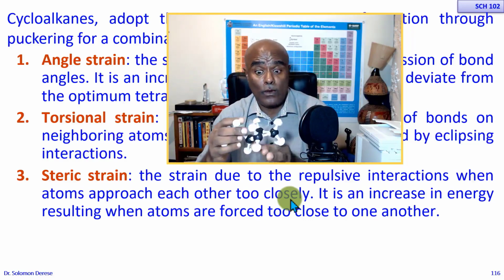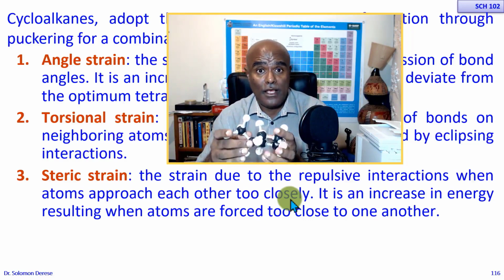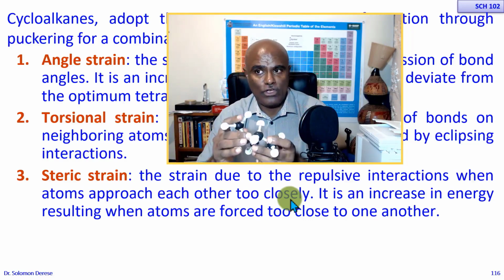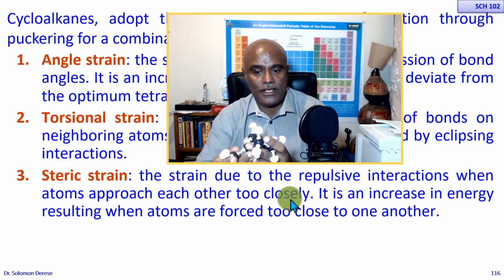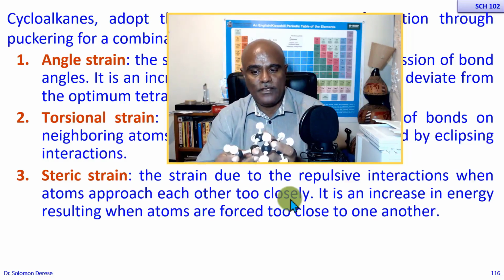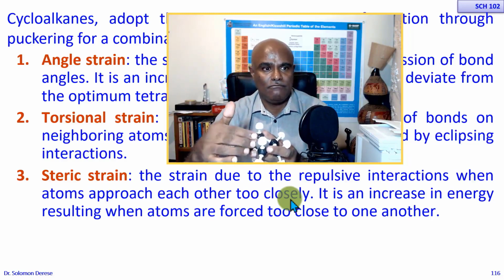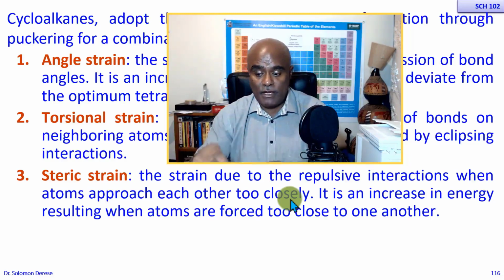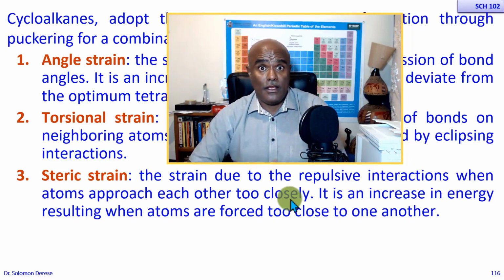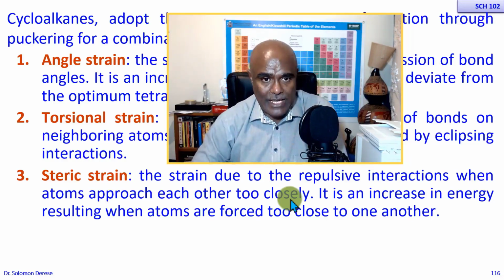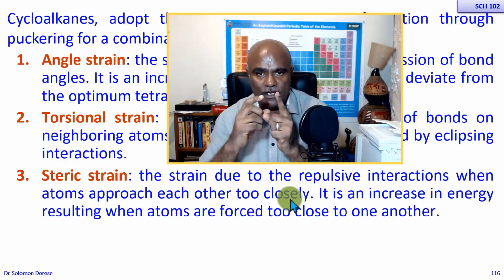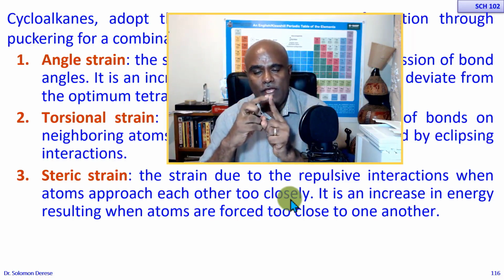So cycloalkanes will adopt a three-dimensional conformation in order to minimize this steric strain. So by rotating like this, as you can see, it is now a bit far from these ones, relieving some of the strain that has come as the result of the fact that the substituents are very close.